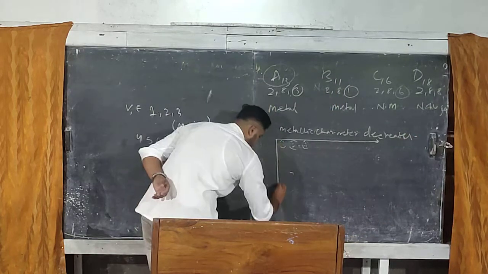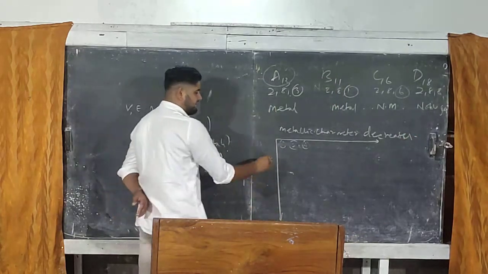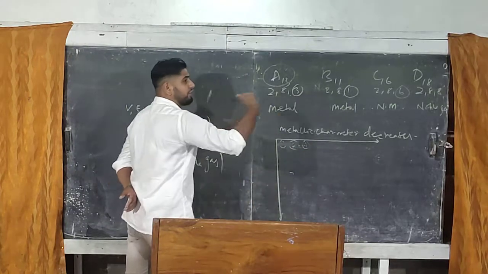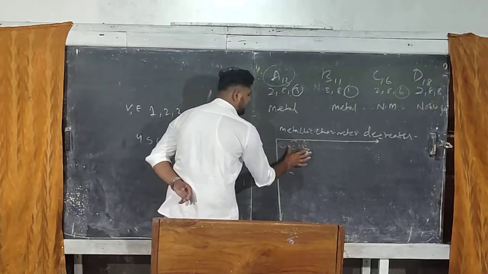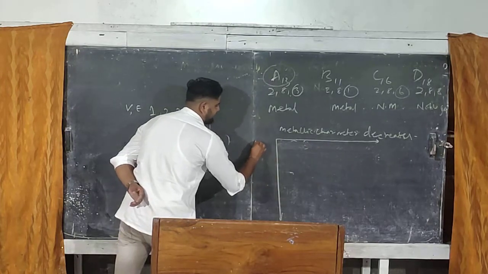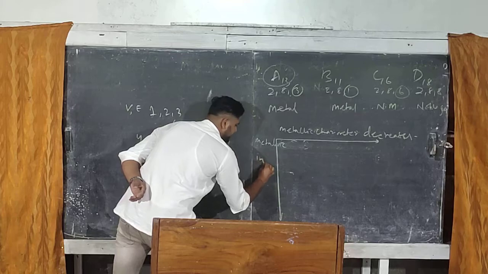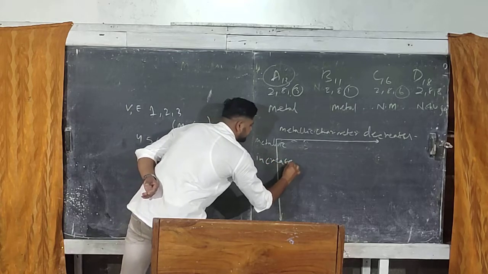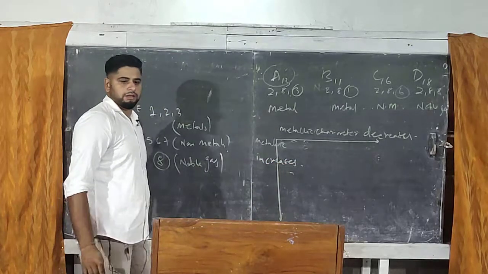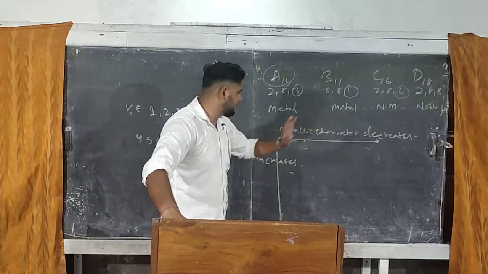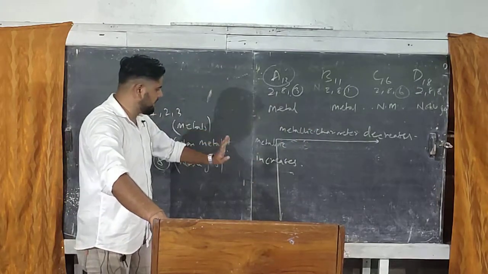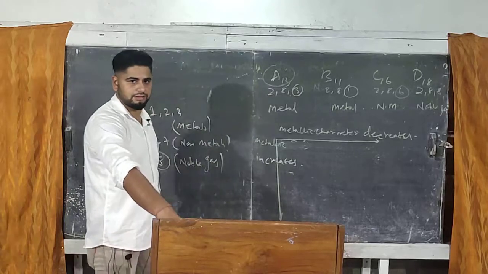When we move from top to bottom, since the size increases, electron donation capacity increases, so metallic character increases. If you move from left to right, metallic character decreases. If you move from top to bottom, metallic character increases.